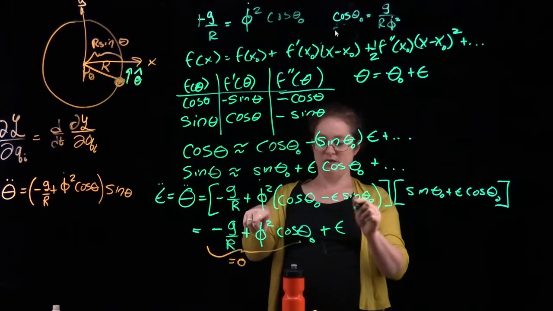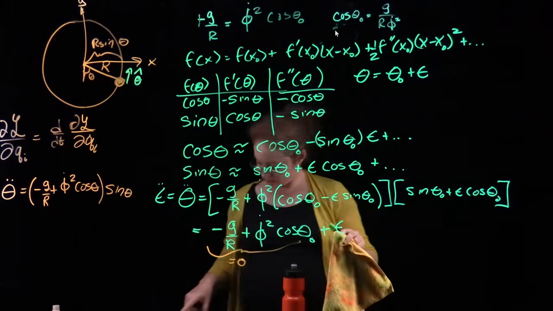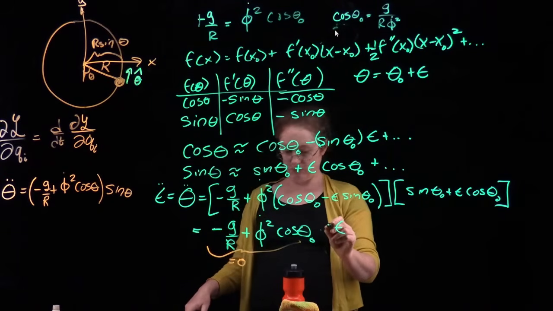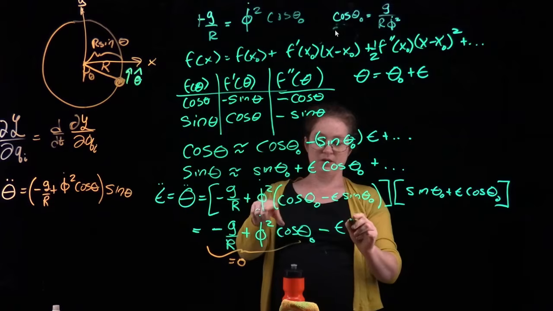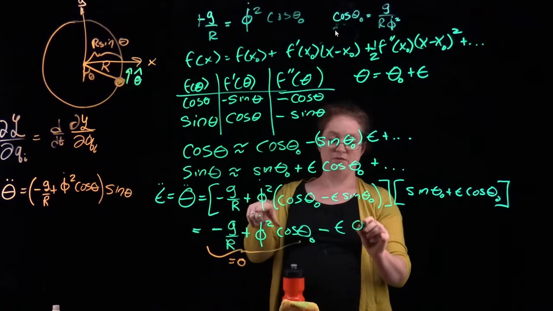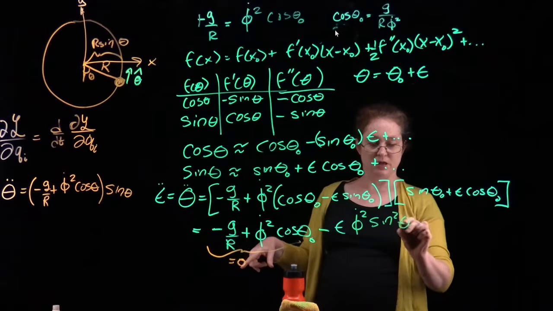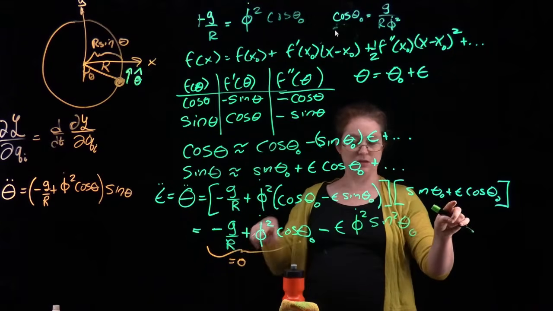So I have a minus epsilon phi dot squared sine squared theta naught.